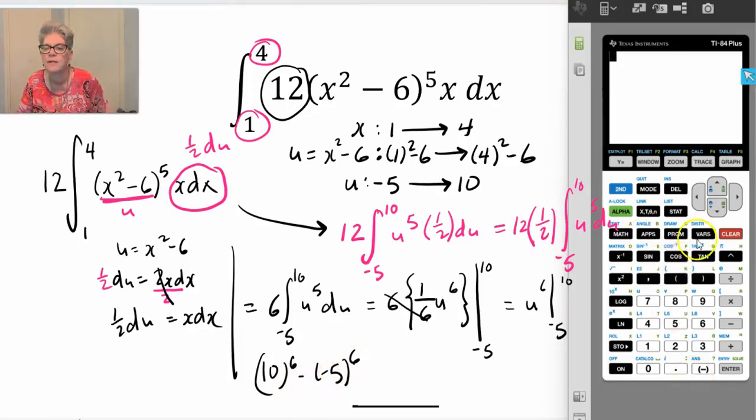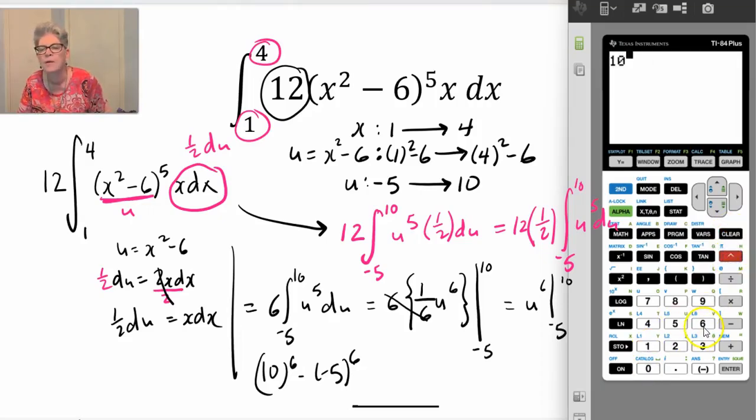Okay, so I want 10 to the 6th minus -5 in parentheses. Sorry. Let me clear that. 10 to the 6th. Then I have to scroll over 1. I need to clear everything. 10 to the 6th.